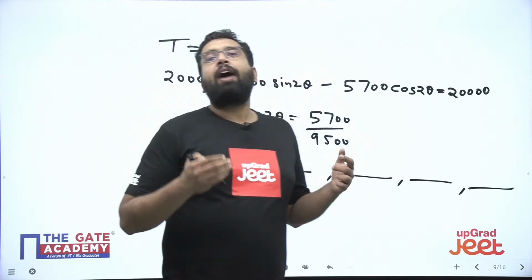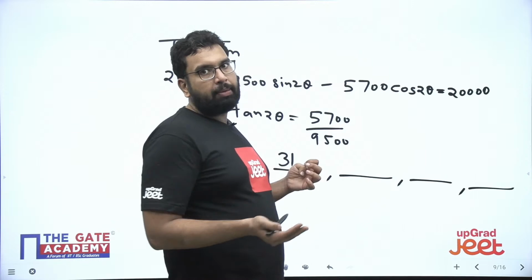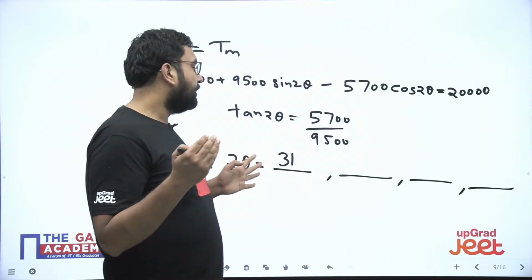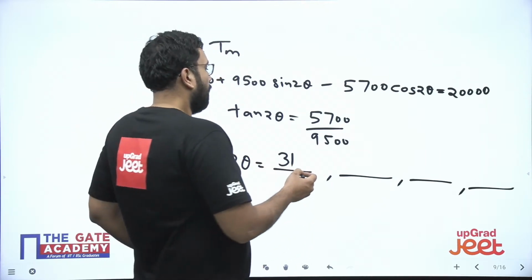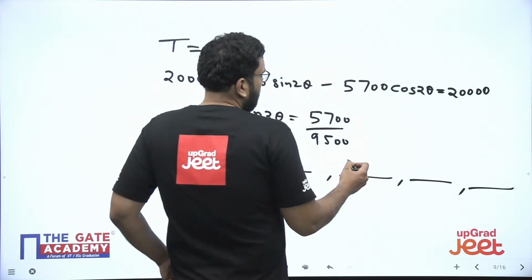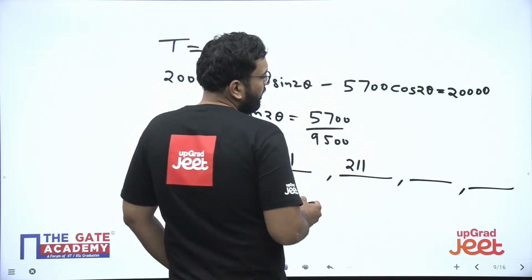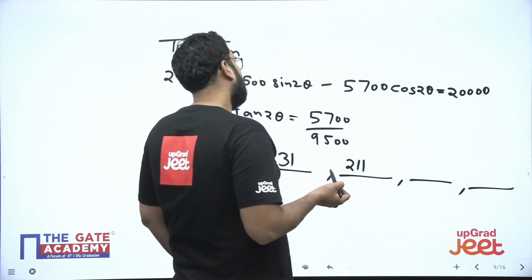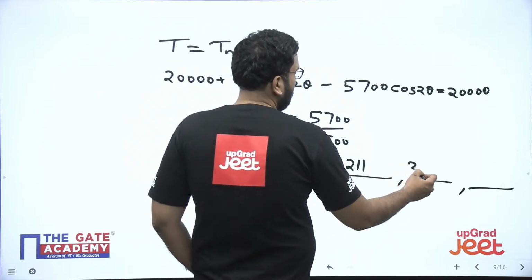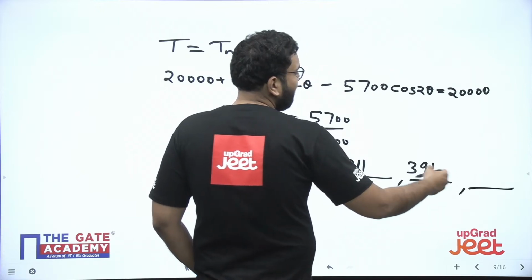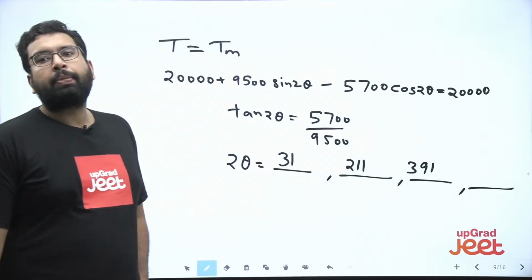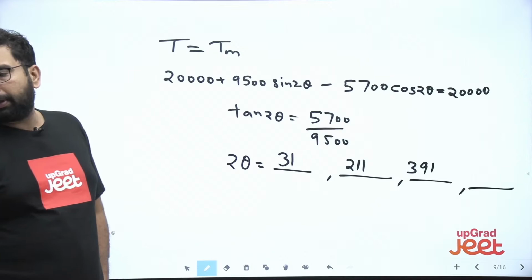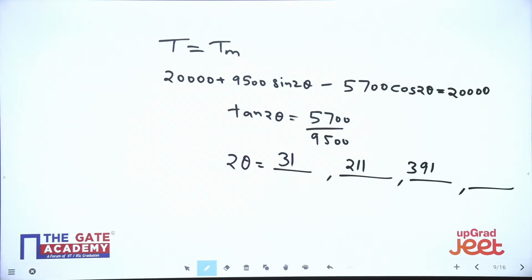And then we have to keep adding 180, because the tan cycle repeats in 180. So if I add 180 to it, we'll be getting 211. Then further if I add 180, we'll be getting, I think, 391 and so on. We can carry it up. Yes or no, please answer me.